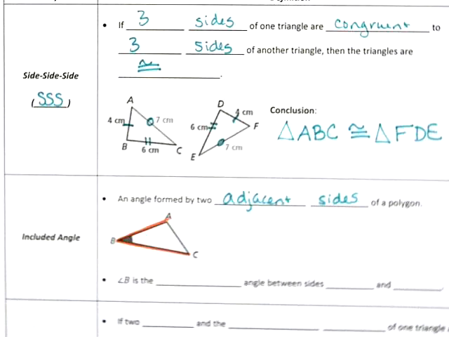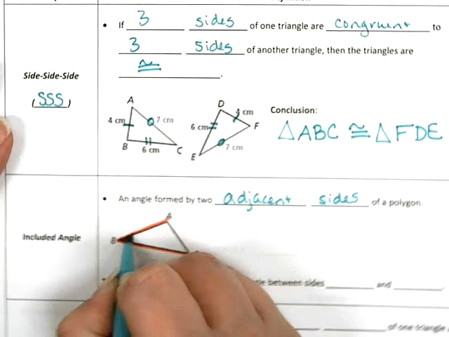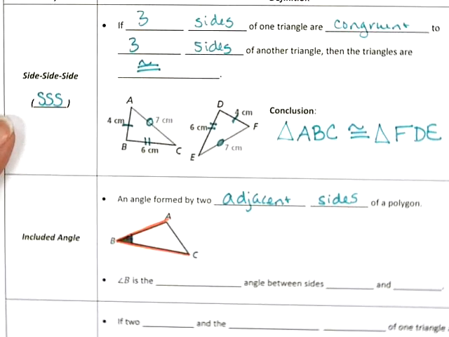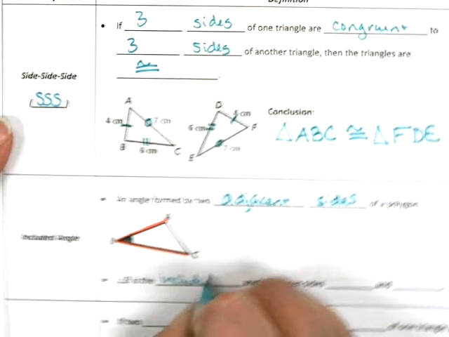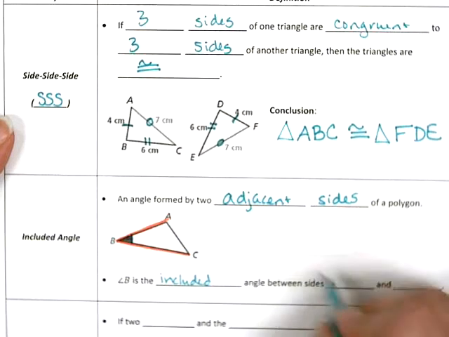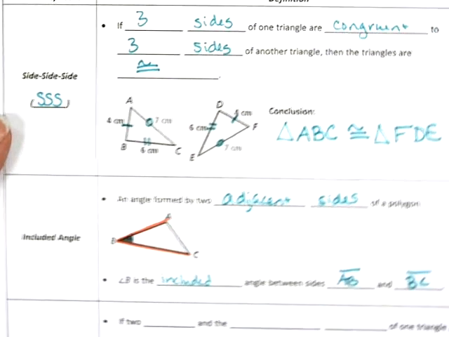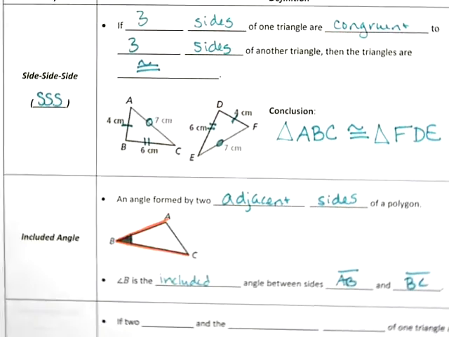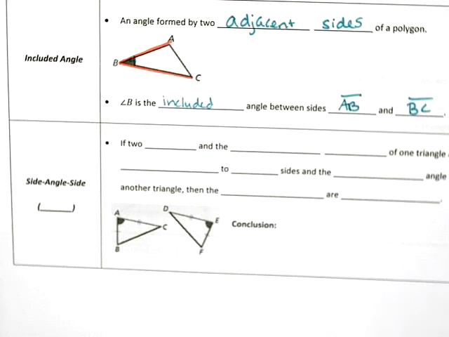This one happens to be a triangle, right? But either way, we've got 2 sides of a polygon, and they meet together and they form this angle B. So angle B is the included angle between sides AB and BC. All right, so we need to be able to identify included angles because that's what we're going to need for our next shortcut.